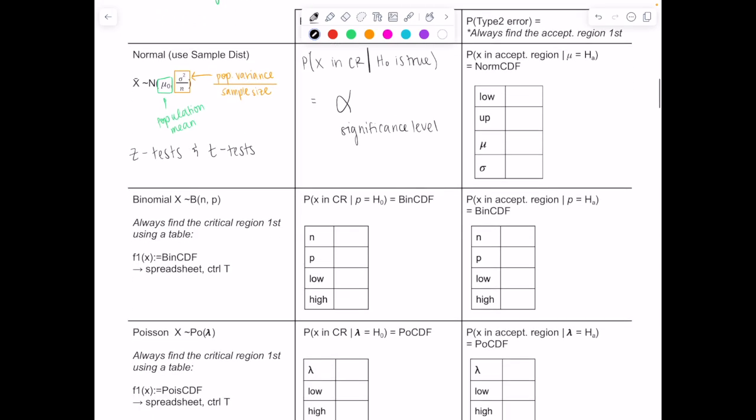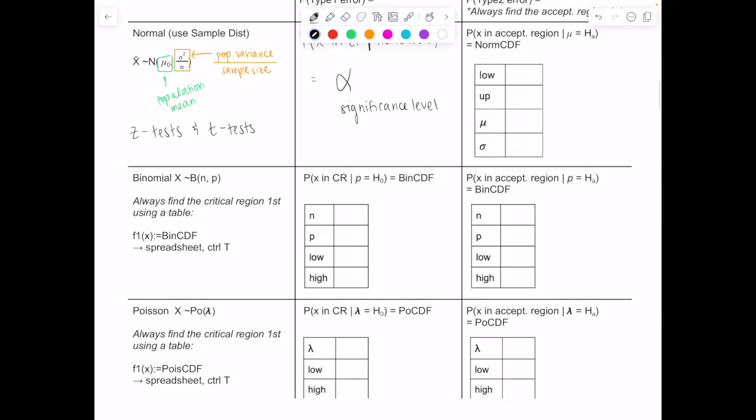Now for a binomial and a Poisson distributions, you need to find the critical region by using a table. And we've done this before. This is where we would define our binomial or Poisson CDF as a function, create a spreadsheet, and then create a table from that.